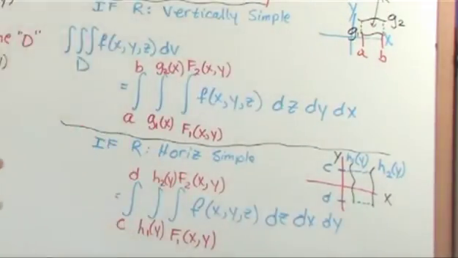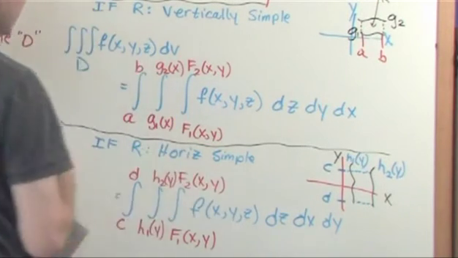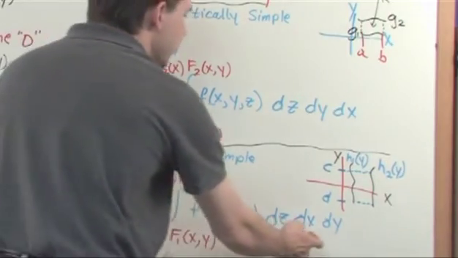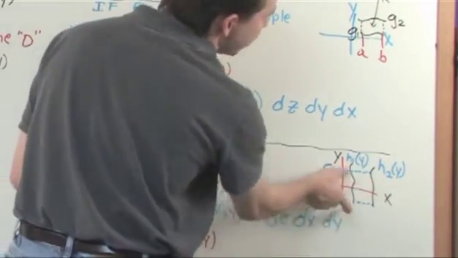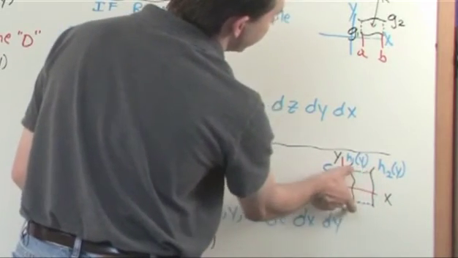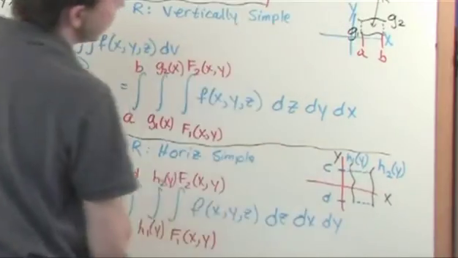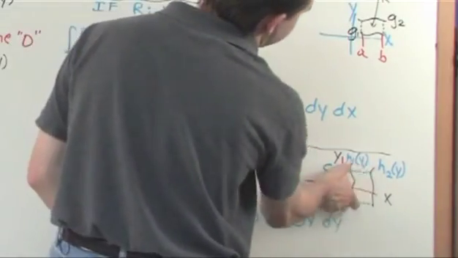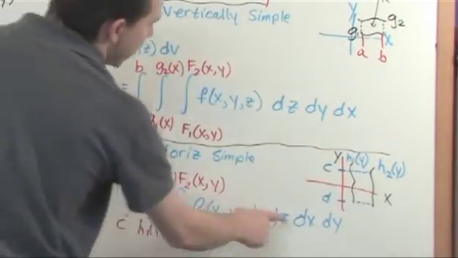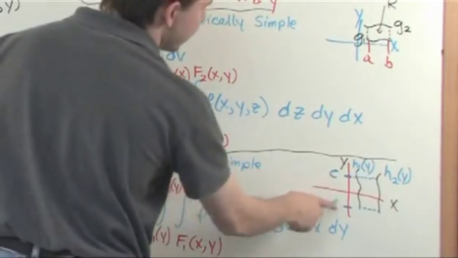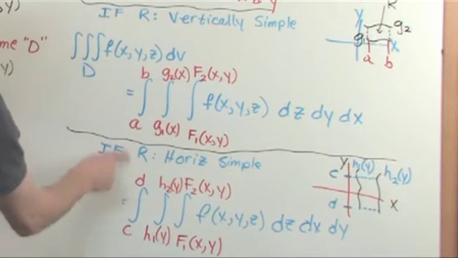So all it really amounts to is that if you have a horizontally simple region, you integrate along z first, and then you integrate along dx from this function up to this function, which are now functions of y, because you're turning your head to the side. Y is the independent variable here, so they're functions of y integrating along x. And then to finish it out, you integrate along y from c to d, okay?